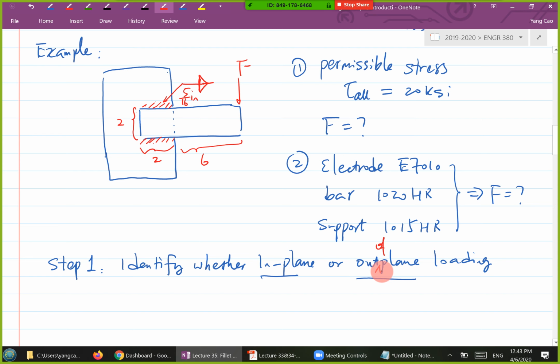In this case, my weld group is over here and F is over here. Clearly, both of these can be placed in the same plane, so this is an in-plane loading. When you have an in-plane loading, your table for finding the polar moment of area is different from the out-of-plane case, which becomes just the second moment of area.